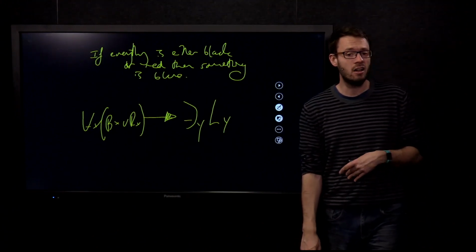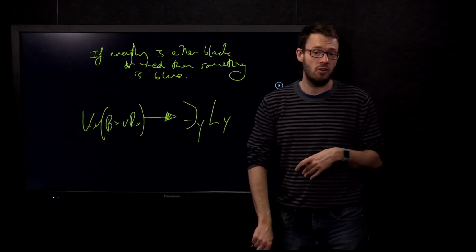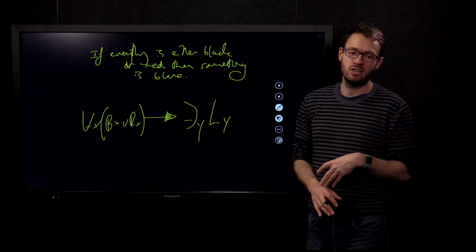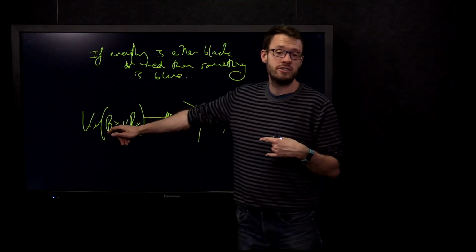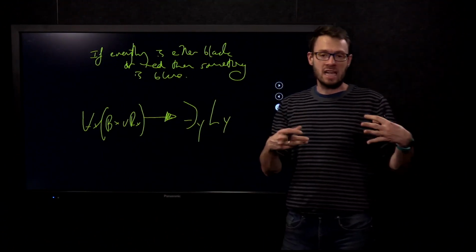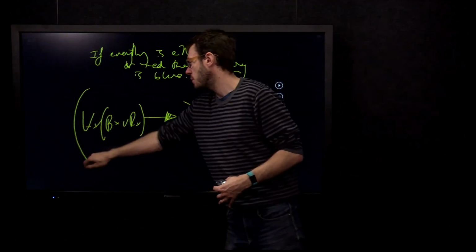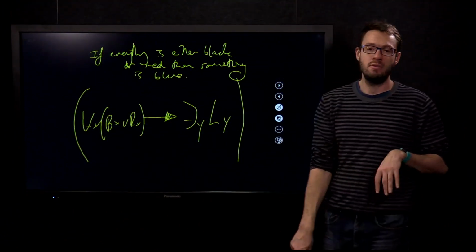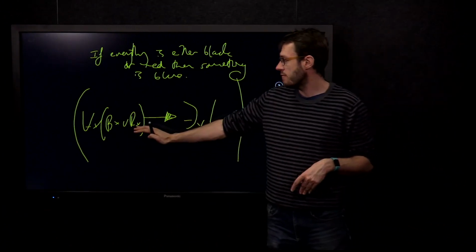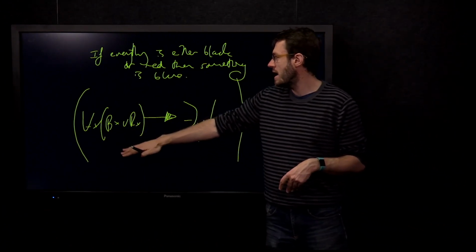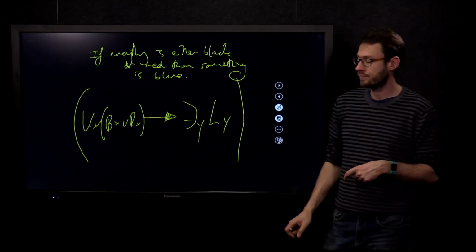So I've used the predicate L for blue just because it's the second letter in the word blue, but realistically you can use whatever you want so long as you don't reuse B, because that's been uniquely assigned to black in this sentence. Then we put brackets around the whole thing and we've finished the sentence. So if everything is either black or red, then something is blue.